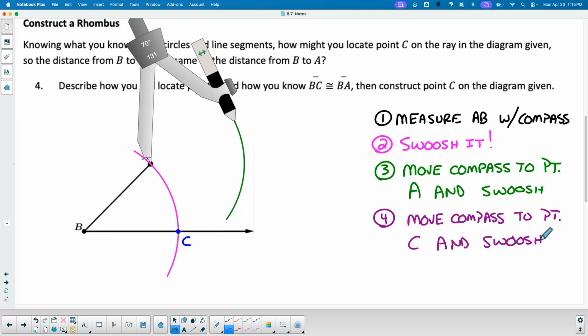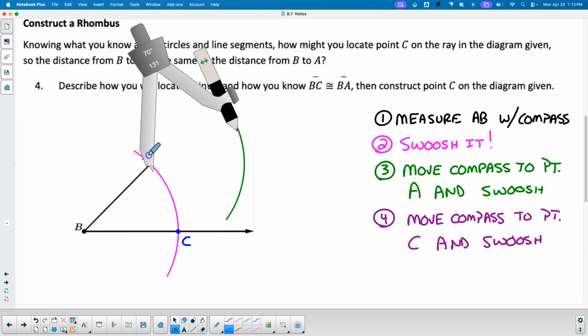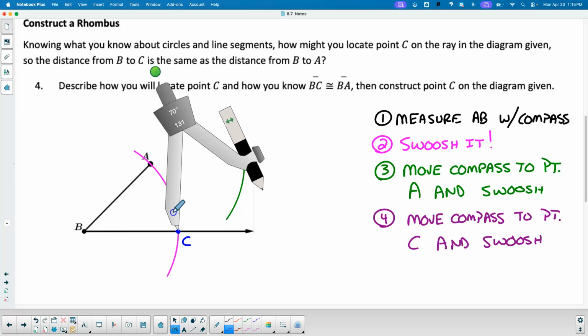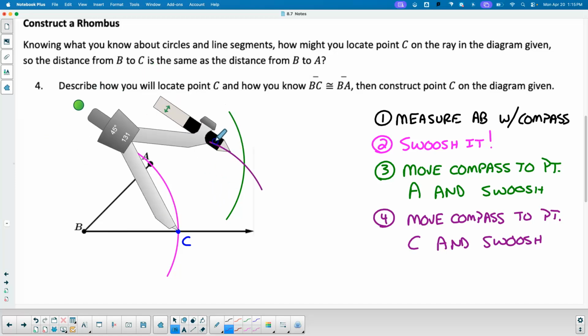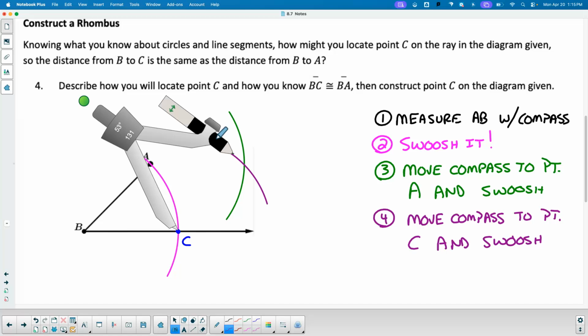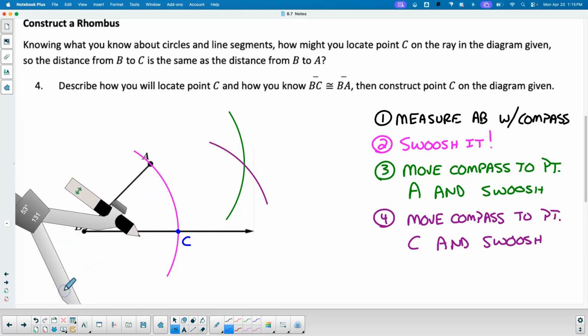Then you're going to move the compass to point C, and you're going to swoosh that one. That's going to give you point D.